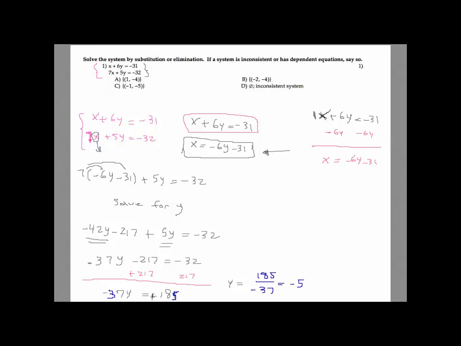And then once you find y is equal to negative 5, you just plug it back into either of those equations to solve for x. So it's x plus 6y is equal to negative 31. So x must be equal to, we already did that, x equal to minus 6y minus 31. So x would be equal to minus 6 times negative 5 minus 31.